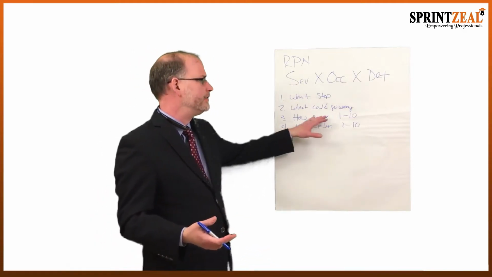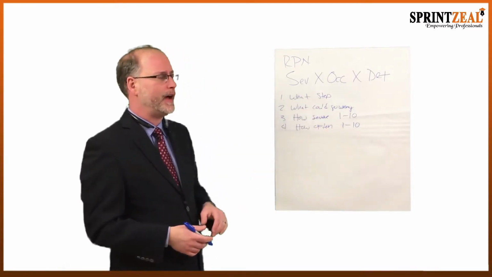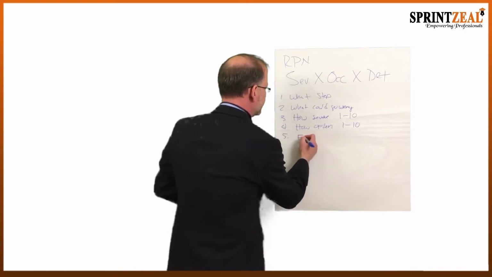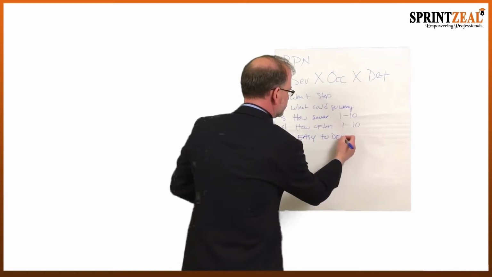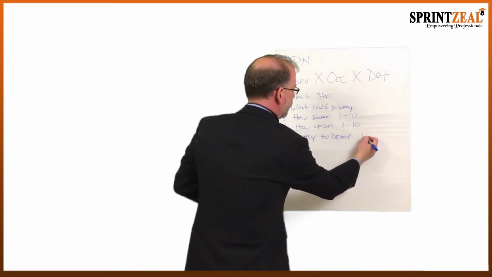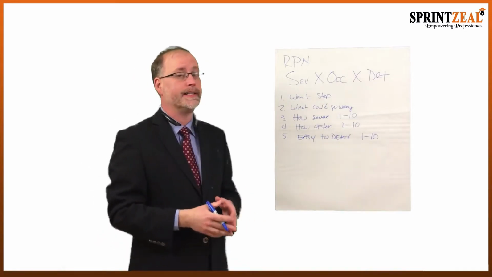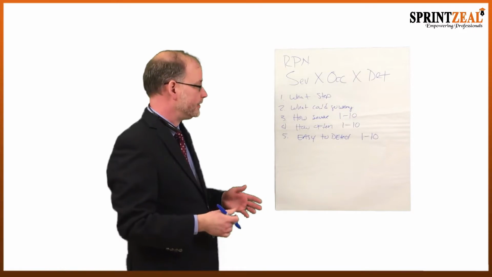Once we understand severity and once we understand occurrence, the next thing we have to find is detection. So how easy is it for us to detect the failure? And we'll do that between 1 and 10.